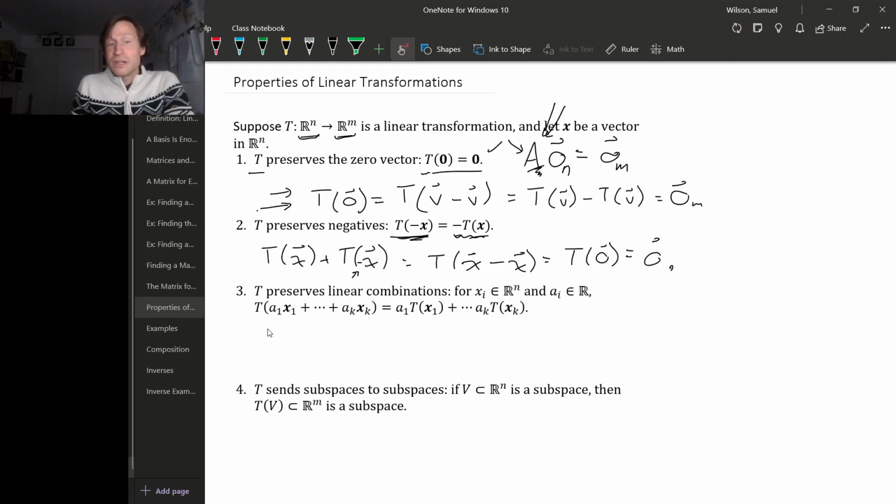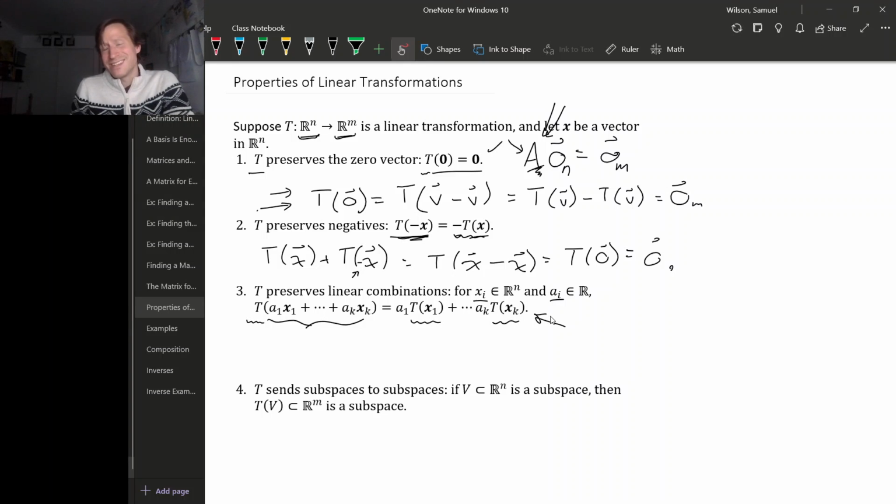Another property of linear transformations is that they preserve linear combinations. If you have any collection of vectors and any collection of scalars, then when you hit this linear combination of those vectors with a transformation T, what you get is just the same linear combination, but of the transformed vectors.